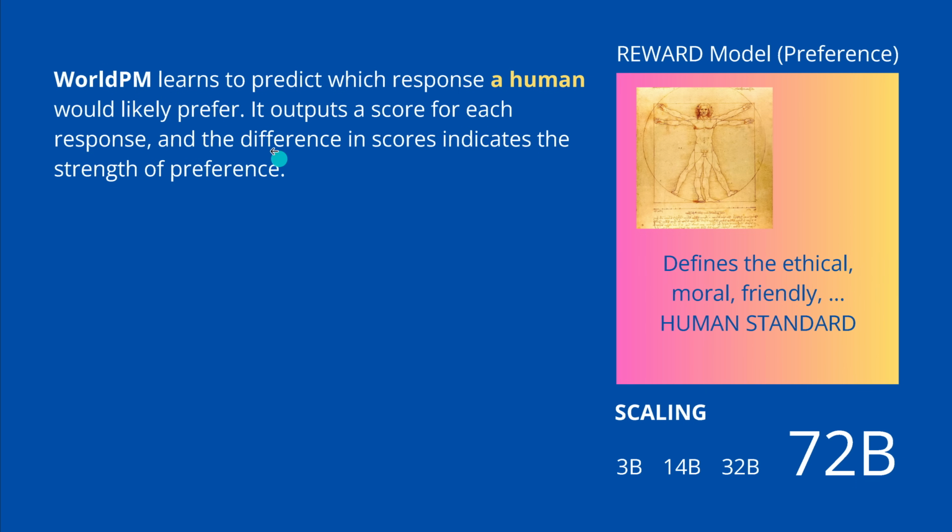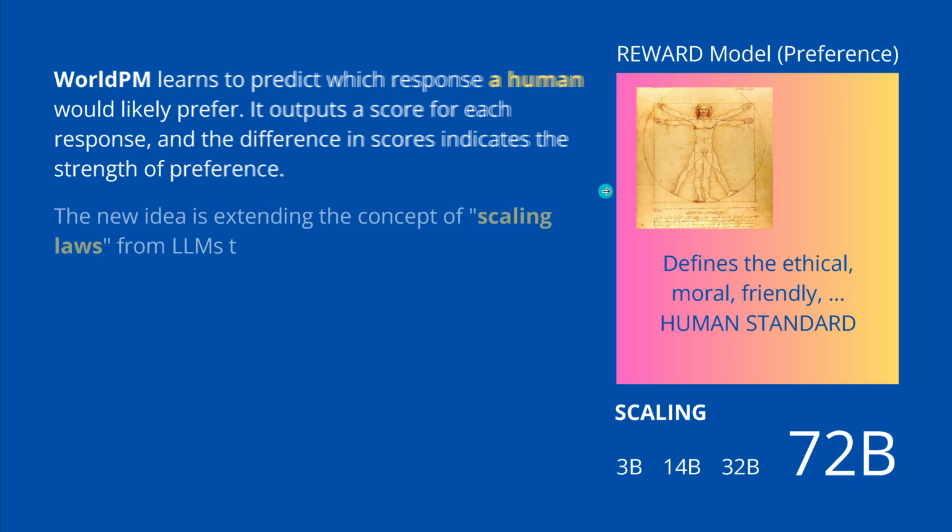So if you think about it, this WorldPM now learns to predict which response a human would likely prefer. But at first we have to train this AI model, no? We need training data. But let's start here. The output is a score for each response, and the difference in score indicates the strength of the preference.